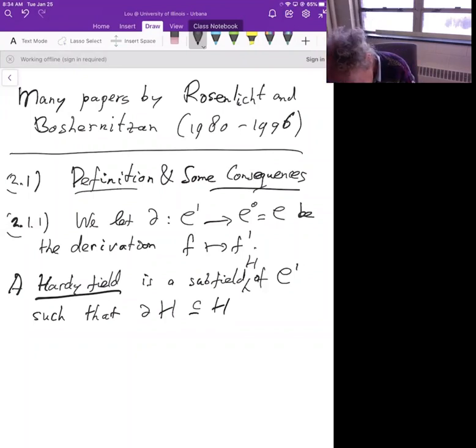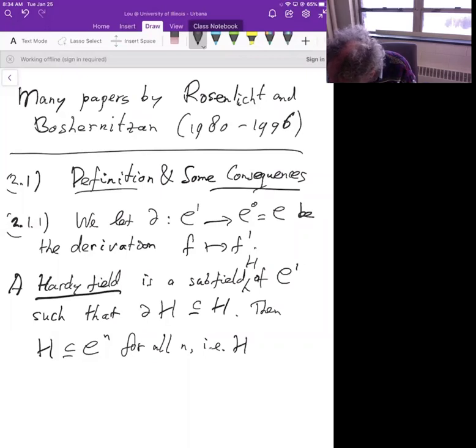So note that then H is actually in Cn for all n, i.e. H is contained in the intersection of all these Cn's, which is by definition C infinity.